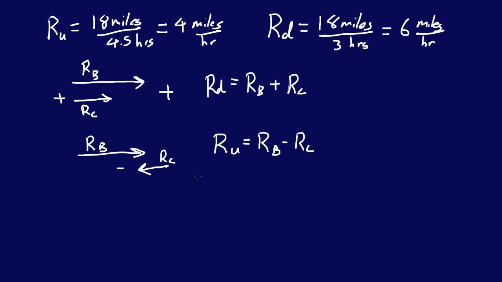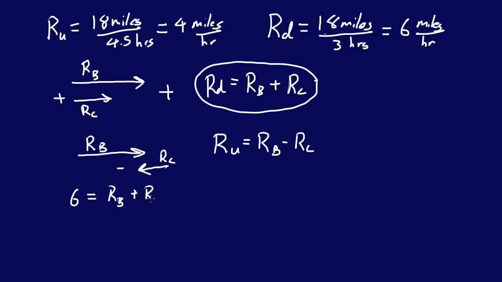Okay, so what we can do now is we can substitute in our values, and so the rate downstream is equal to 6. So we can look at this equation right here first, and so we're going to say 6 is equal to, we're substituting for R sub D, R sub B plus R sub C. So again, R sub B is the rate of the boat in still water, which the problem asked for.